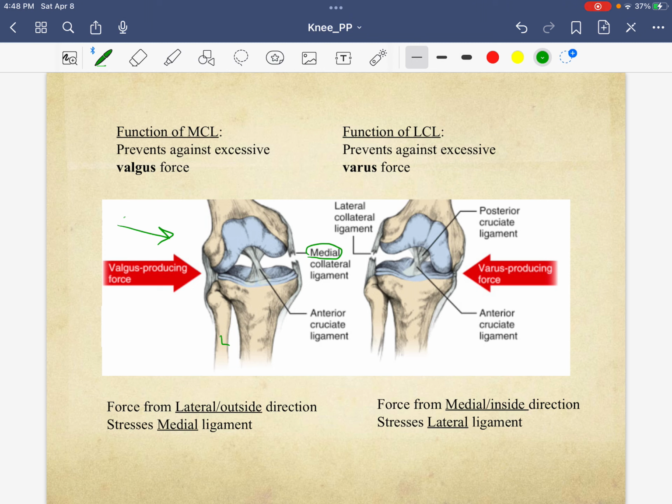But the collaterals here are there to protect against side-to-side forces and motion. When there's a valgus force, we know the MCL is there to hold the knee intact. If that valgus force is excessive, it could tear the MCL. But in general, we can just say the function of the medial collateral ligament of the knee is to prevent against excessive valgus and rotational forces.